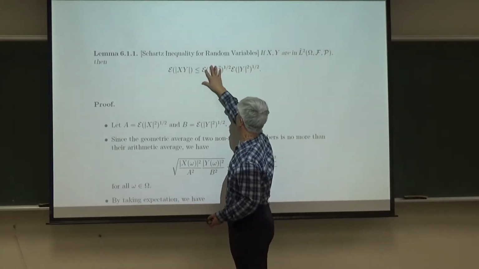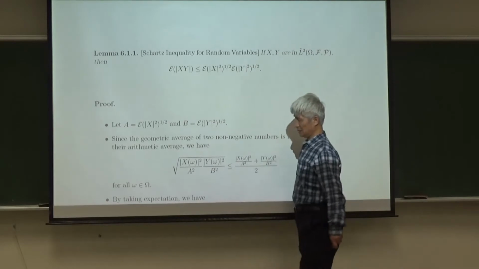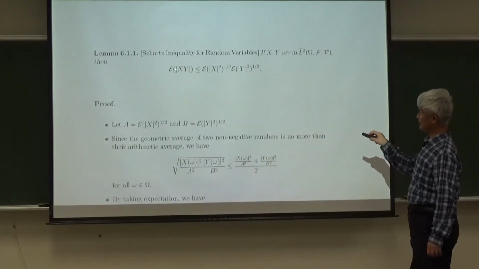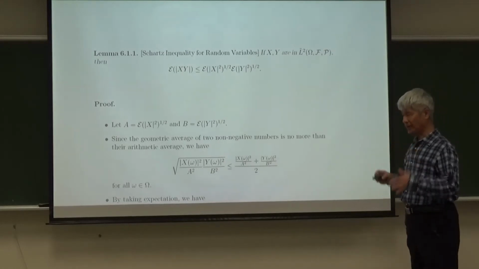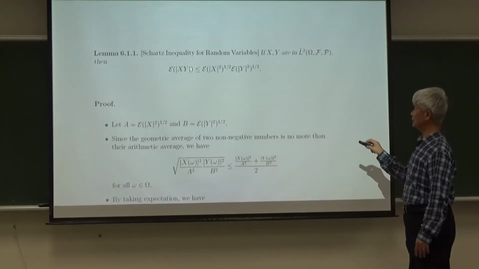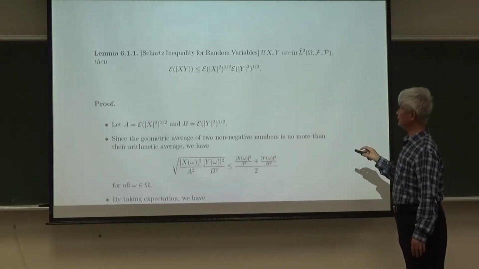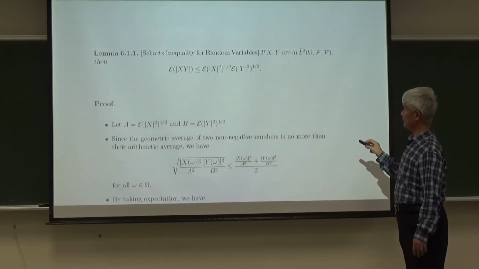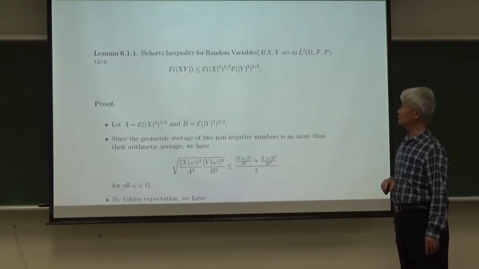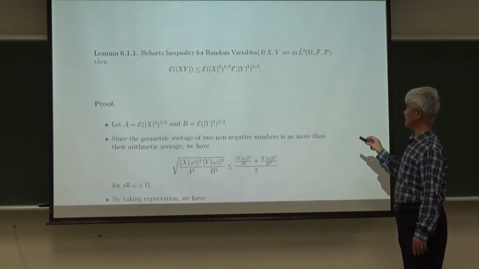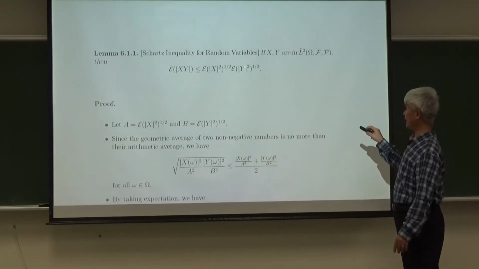So we can take the square root here and square root here. And so the meaning is that the expectation of the absolute value of the product of two random variables X and Y is less than or equal to the square root of the expectation of the square of the absolute value of X, times the square root of the expectation of the square of the absolute value of Y.